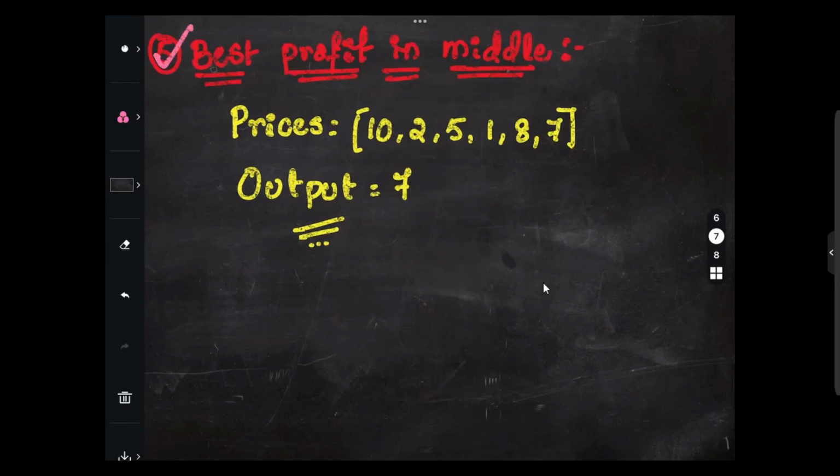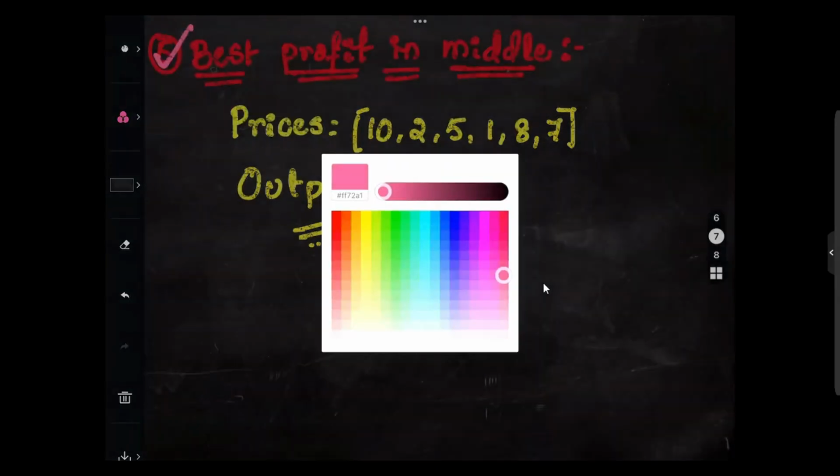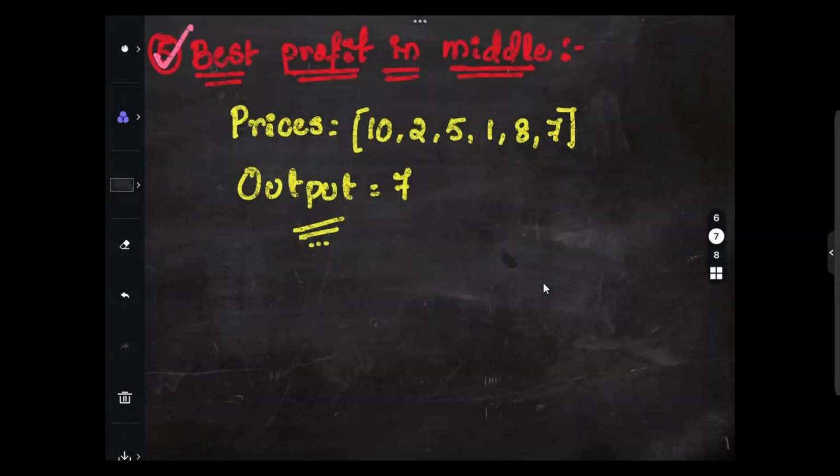Let's move on with the fifth edge case, the final edge case. Prices we have here, best profit in the middle. We will buy at 1, the least value we have here. We will sell at 8.